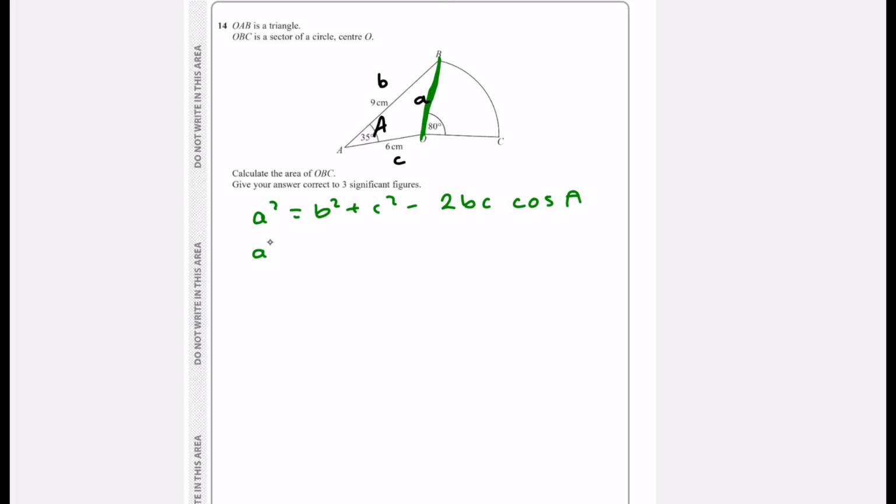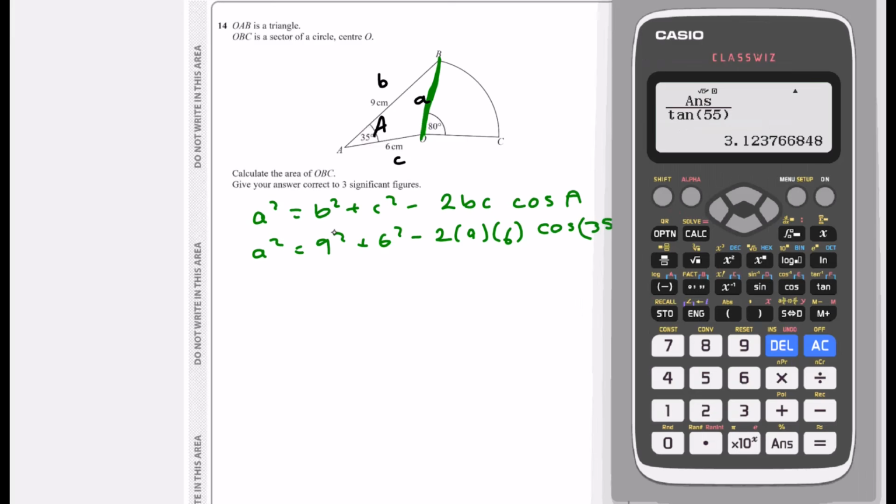So we've got a squared equals 9 squared plus 6 squared minus 2 times 9 times 6 times cos 35. And we can just type this into the calculator.